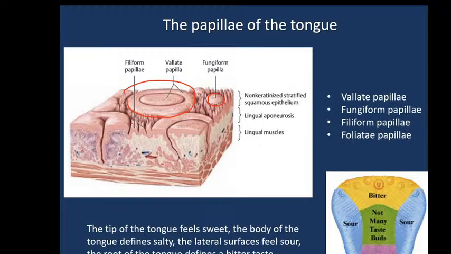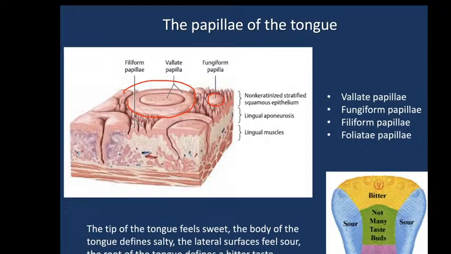And this is the geography of the papillae, and you see that different tastes can be located in the dorsal part of the tongue.